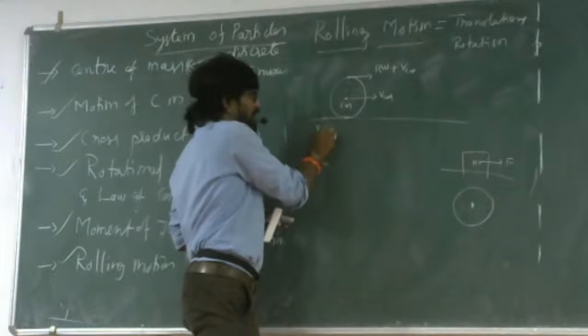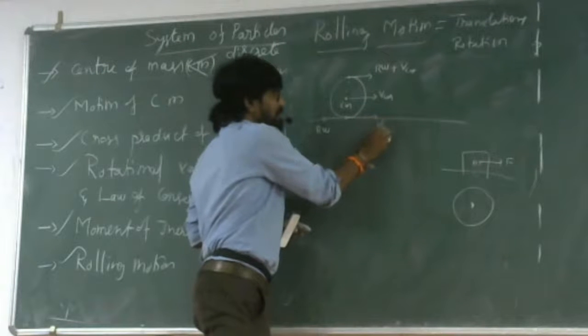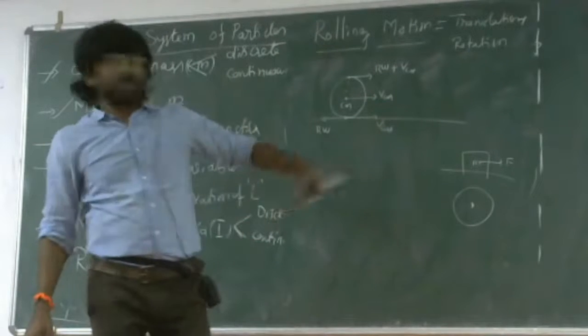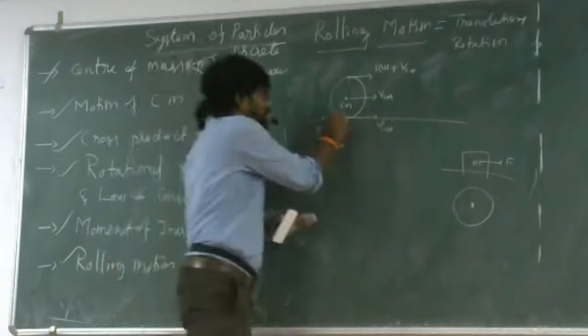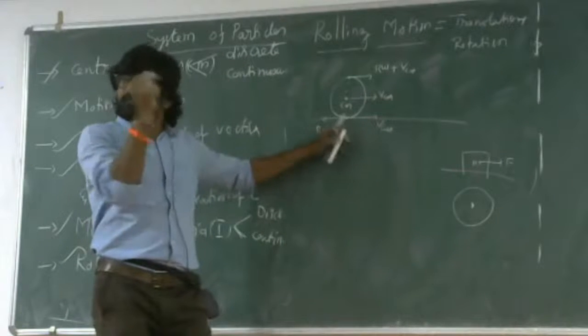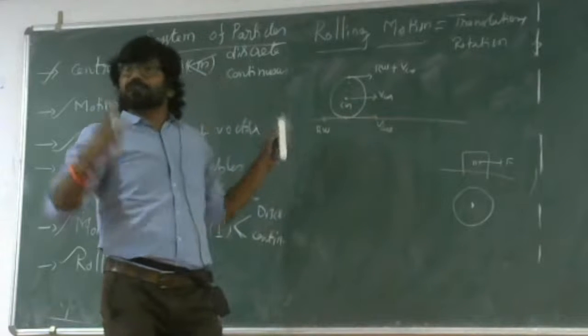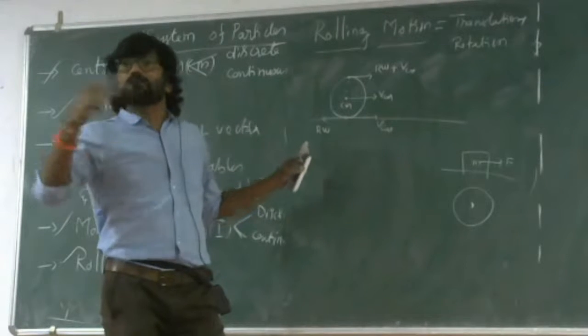Whereas here, if you consider a particle and draw a tangent, we will have R omega in this direction, but this particle also will be moving forward with the velocity of ACM. Based on the point of contact with the surface, you have to define under what condition it is pure rolling motion or impure rolling motion.